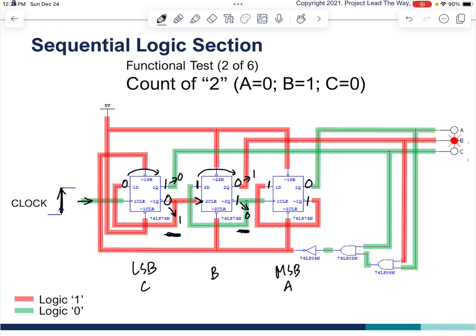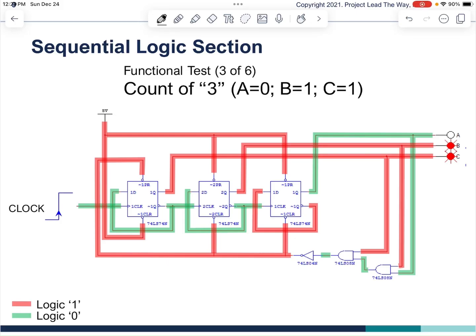That's a falling edge, so we don't have a clock for the A. So what will we have? We'll have 0 remain the same, and this is a new output. So we'll have 0, 1, 0 output.